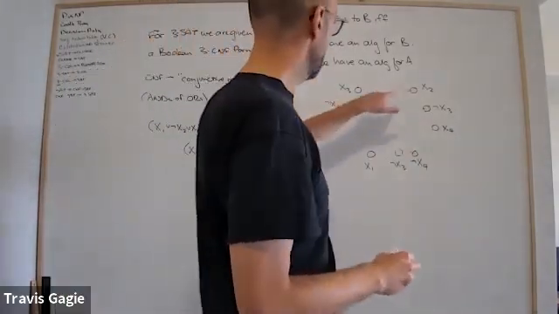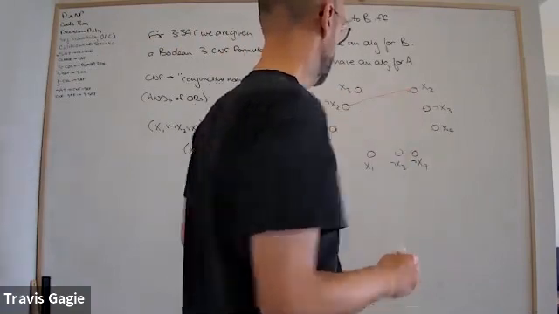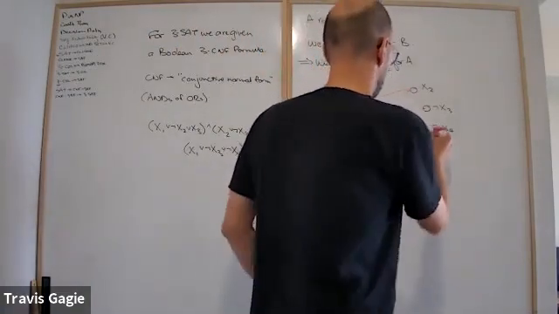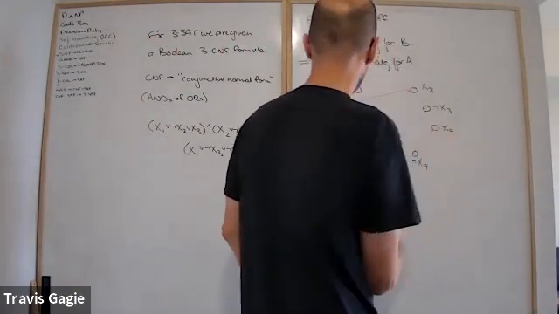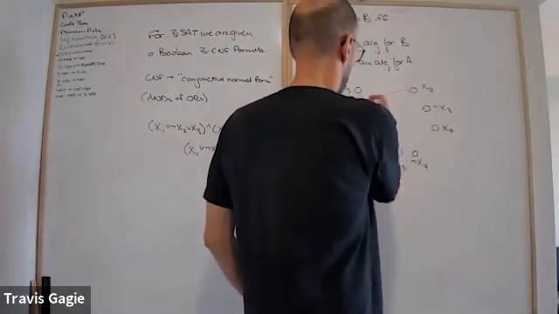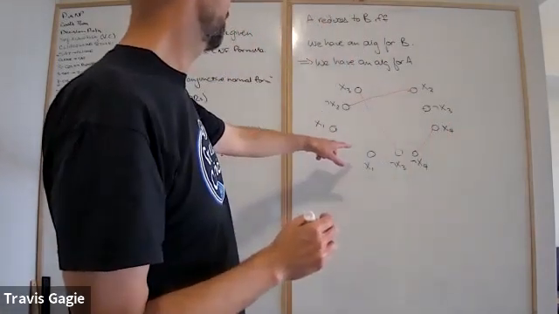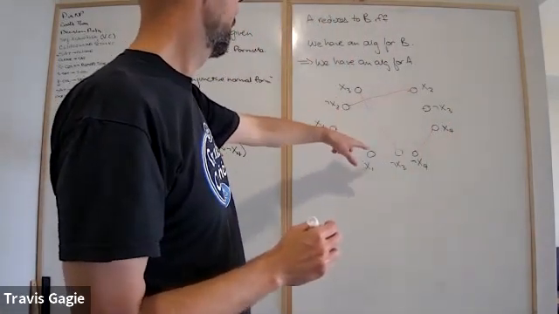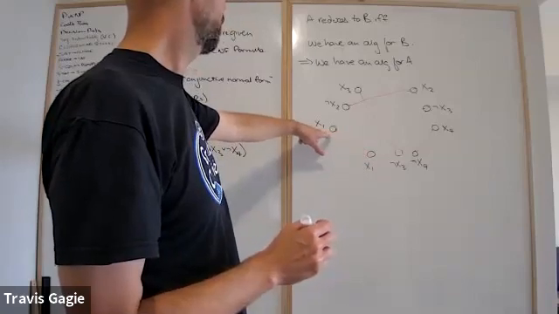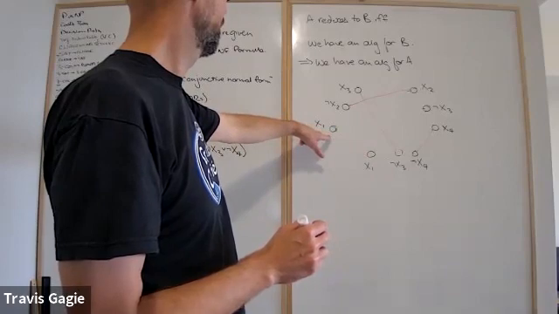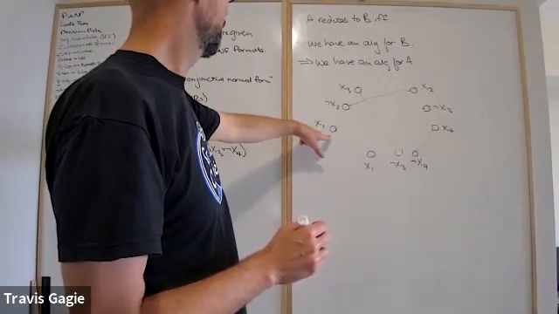So we draw x2, not x2 to x2, not x4 and x4. X3 and not x3. So x1, these are fine. X1 never appears anywhere else. X2 doesn't appear there.